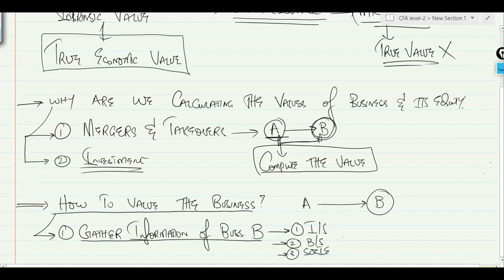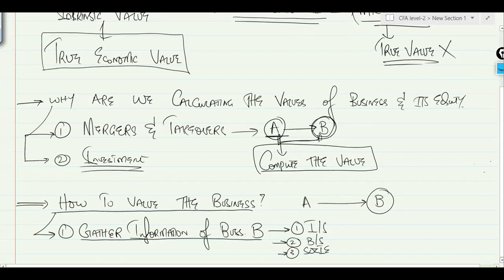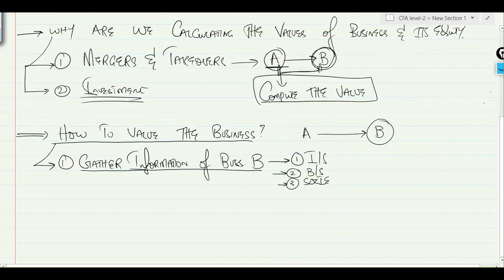So you'll gather the financial statements of business B. Once you have gathered that, then you'll try to compute or calculate the value of the business by using the data that you have extracted from your financial statement, such as income statement, balance sheet, and statement of changes in equity.